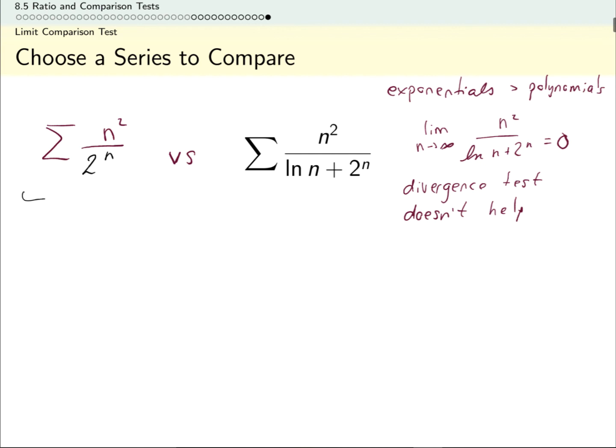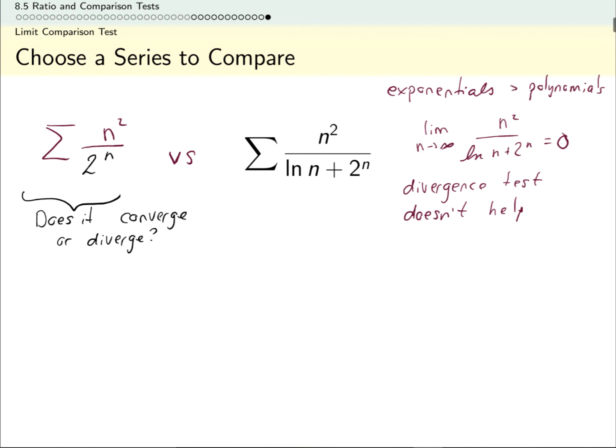And this one is not immediately clear. It's neither geometric nor a p-series, but this would be easier to apply the ratio test to than my original series. So I'm going to do a two-step approach here. I'm going to do a comparison test, and on my comparison series, I'm going to do the ratio test to figure out whether it converges or diverges.